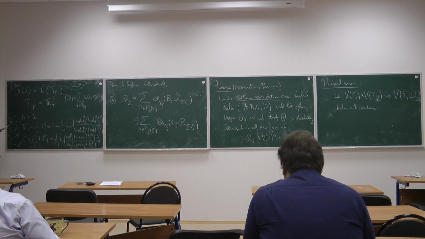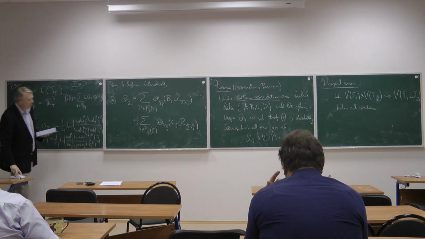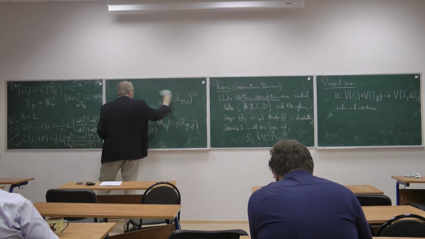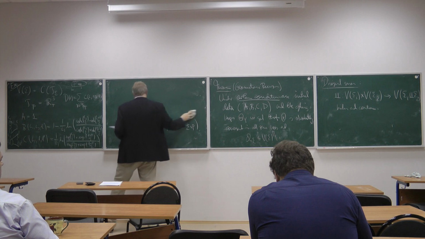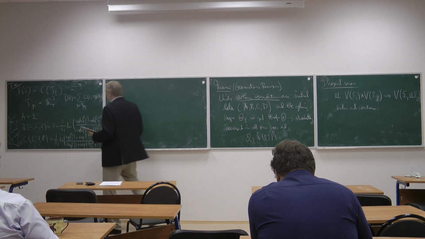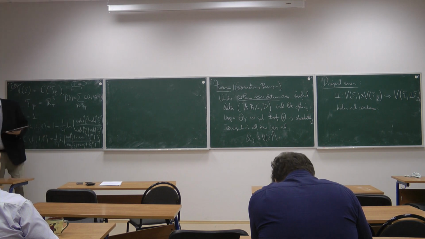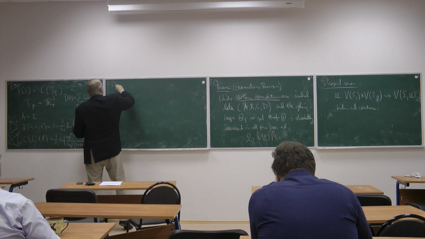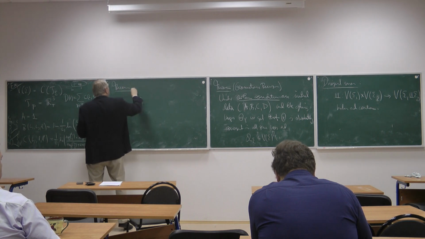Okay? Now, the theorem is the following. You define the formula I'm rubbing out right now, which is the formula you have to apply to these guys here, and then what you will get is a function on Teichmuller space.